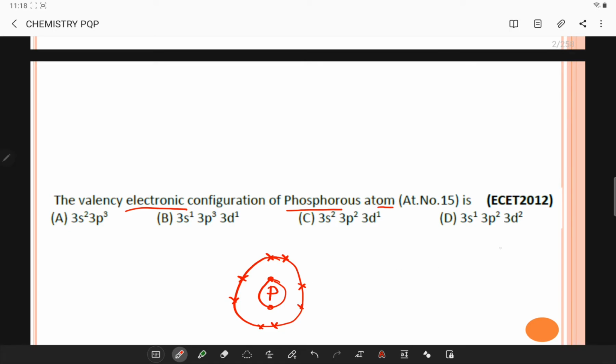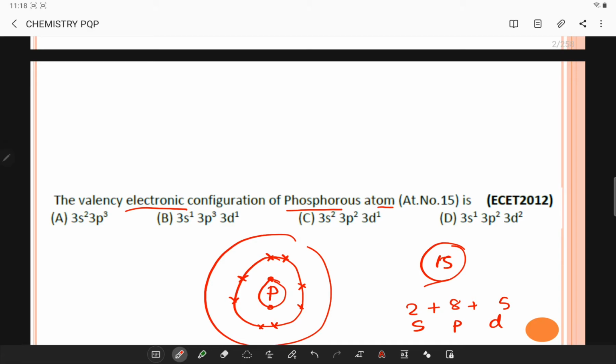So the atomic number is 15. So s and p will have 5. So the answer is 3s2 and 3p3. So this is your answer.